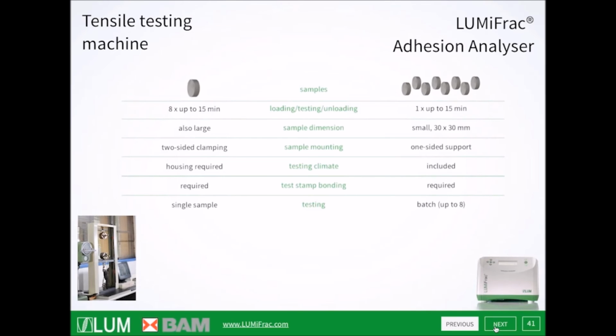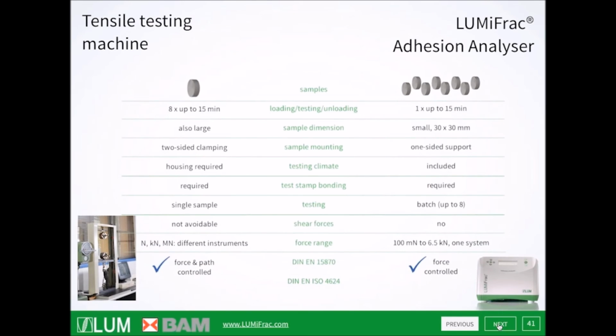Of course, test stems have to be bonded to the corresponding material or to the coatings. This is required in both techniques. And then, just to repeat it once more, we have single samples, or you can measure and test a batch of samples.